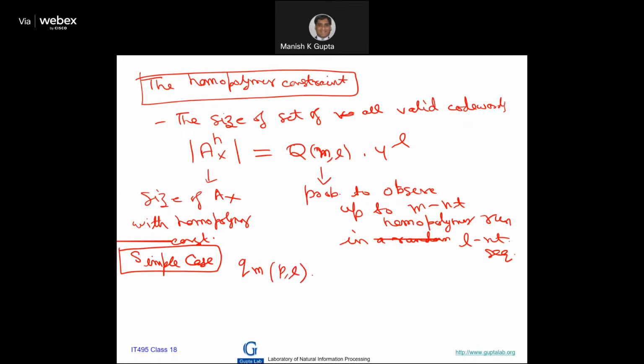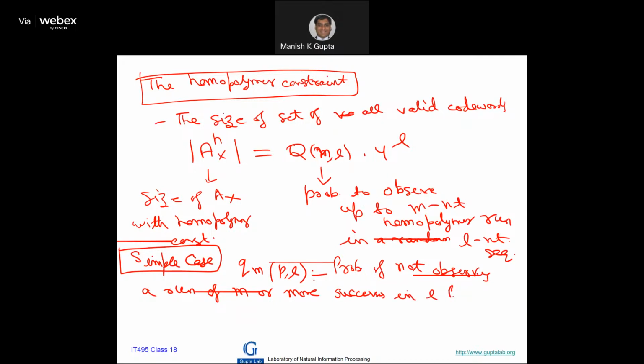Q_ML is a quantity known as the probability of not observing a run of M or more successes in L Bernoulli trials. By the way, how many of you know Bernoulli trials?